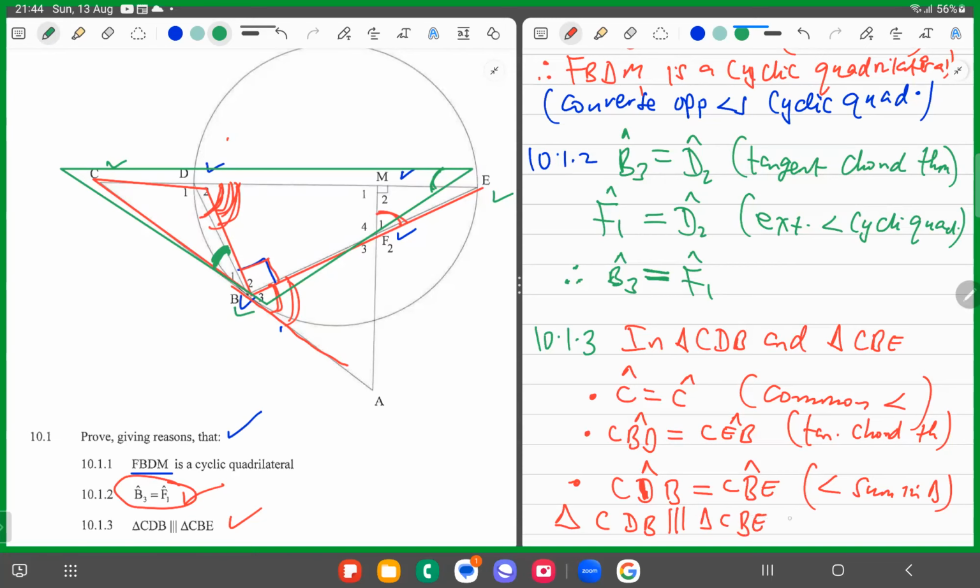Why? Because of the angle reason. So we have been able to establish that one.